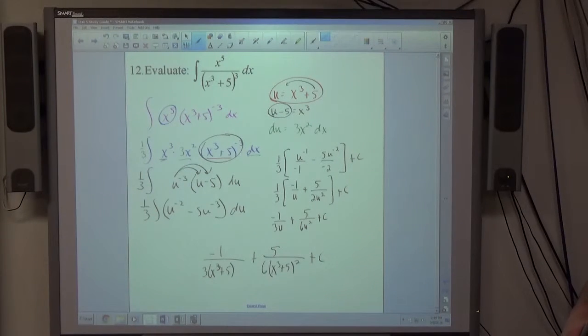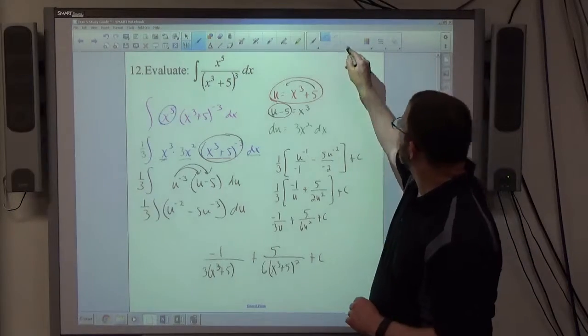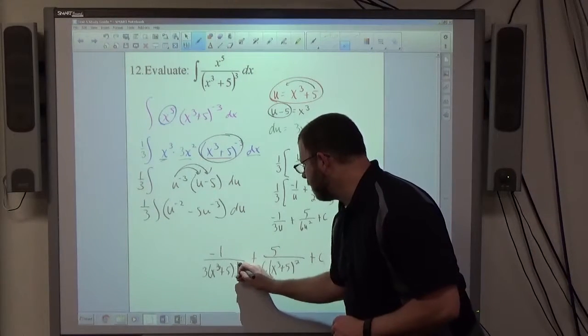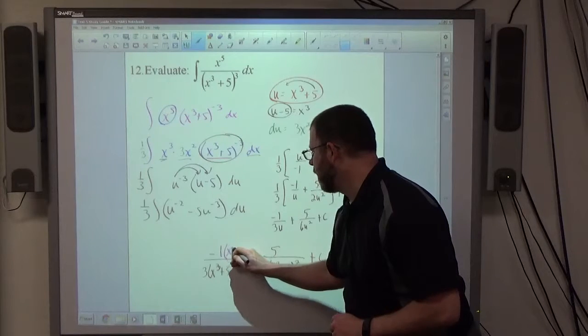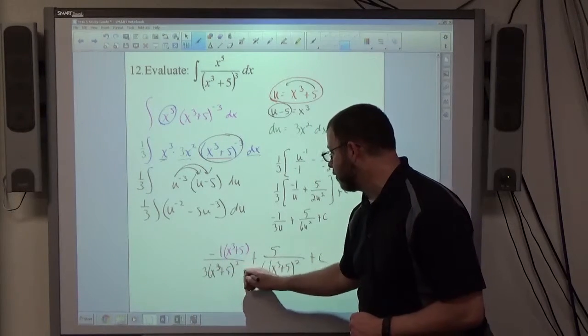That's the right answer. If I wanted to go one extra step, if I really wanted to impress my teacher, maybe I get a common denominator out of this. So, for example, if I've made this x cubed plus 5 squared, put an x cubed plus 5 on top, and that's 3, I need it to be 6, so times 2 times 2.